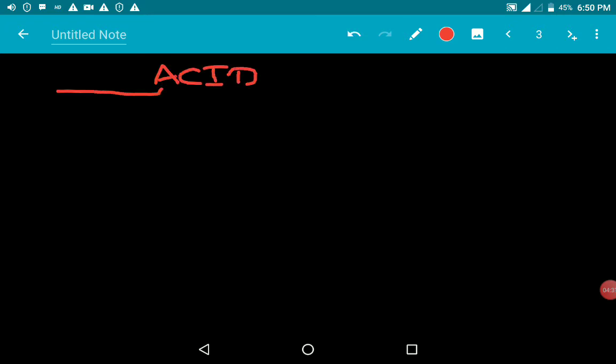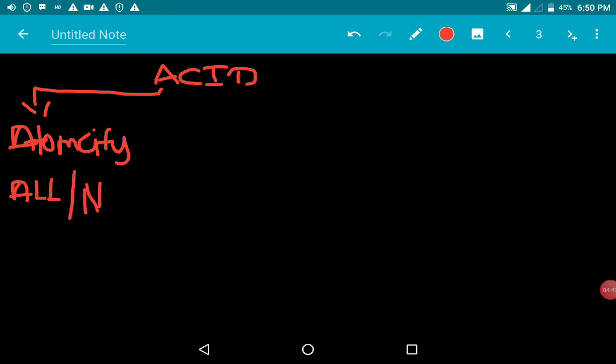Here A means atomicity, which means all the operations of the transaction are performed or none of the operations are performed. It does not allow partial transactions.